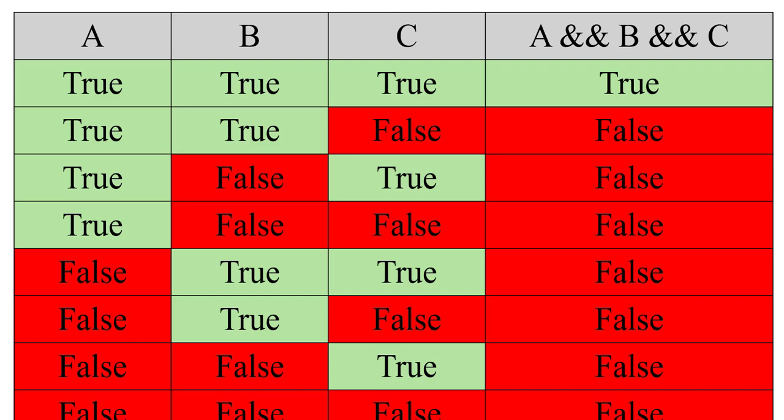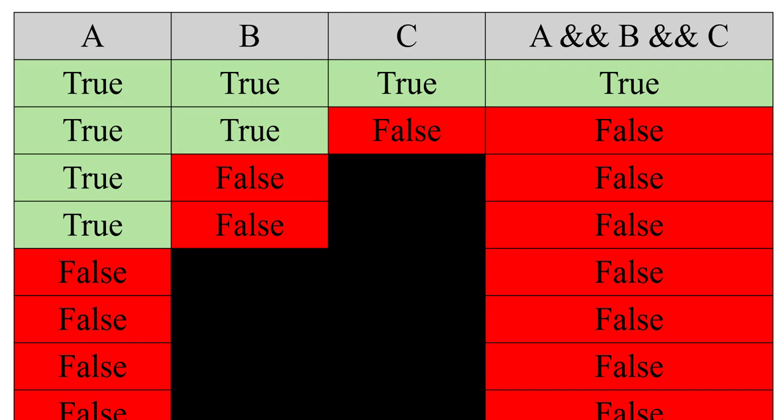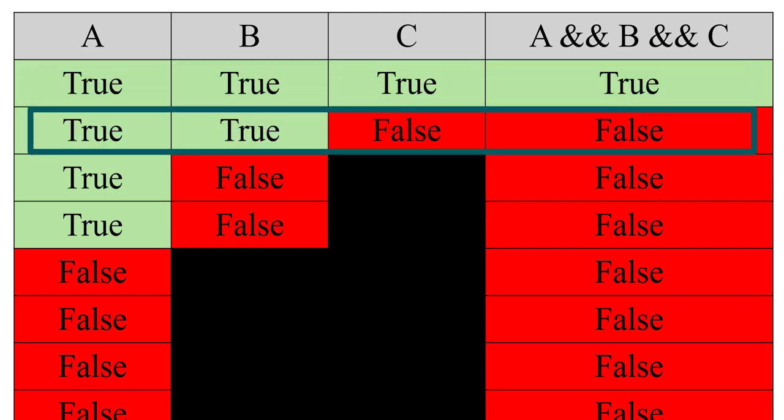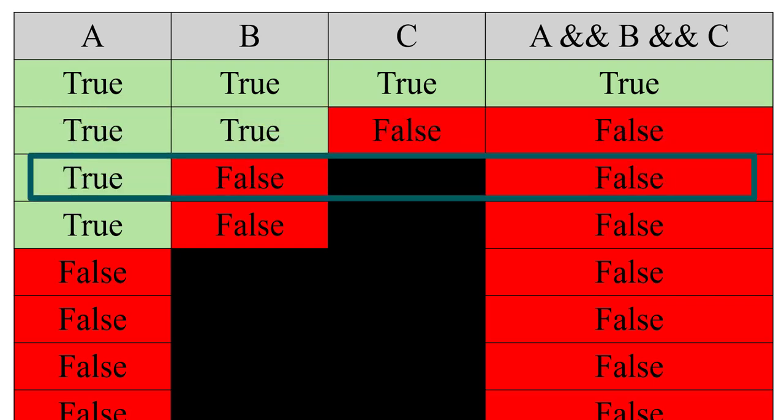So this table, the way it is executed in the compiler, will look like this. In the first line, the compiler will execute all of the three conditions. So it will test condition A, condition B, condition C. Each one produced a true result, ending in a true output. In the second line, it tests condition A, true, condition B is true, condition C is false, the output is false. In the third line, condition A is true, condition B is false.